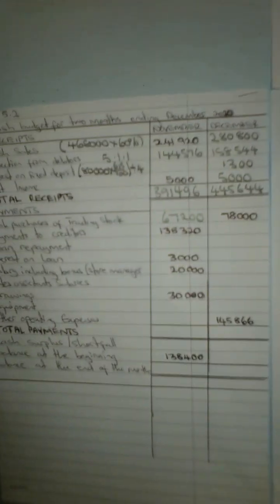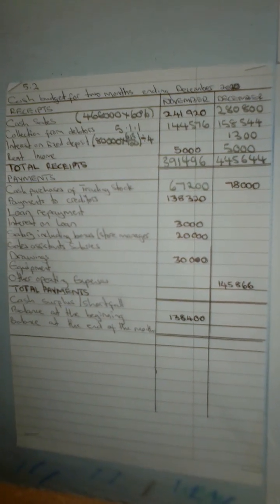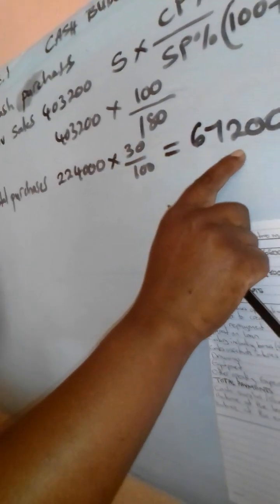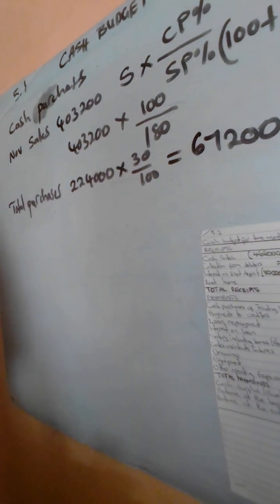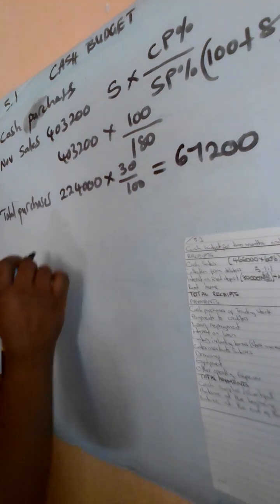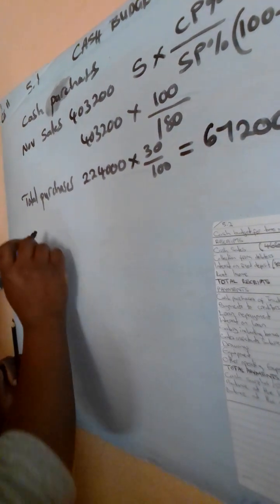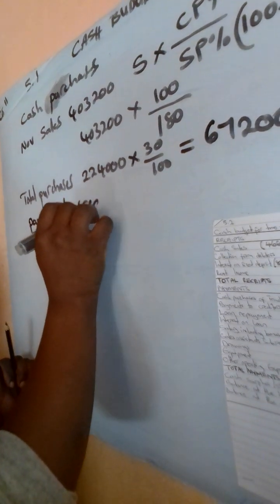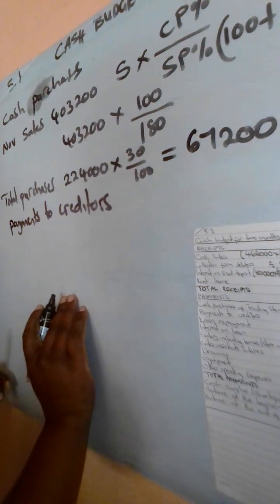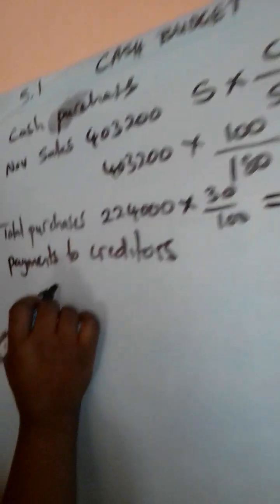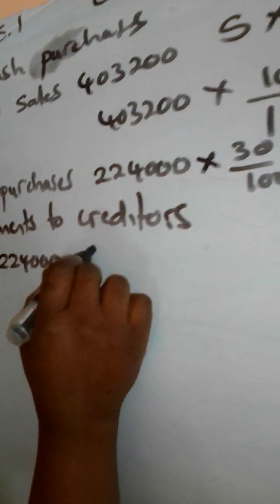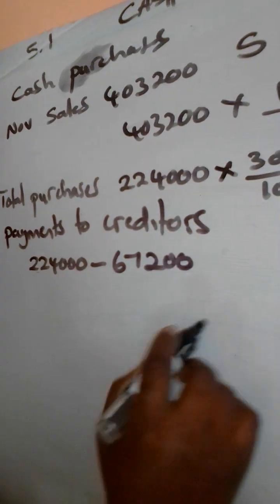Okay, so if you look at the total purchases that we have, we've got total purchases of 224,000, and then we said cash is 67,200. So in other words, we are simply going to say, the payments to creditors. 224,000 minus the cash 67,200.